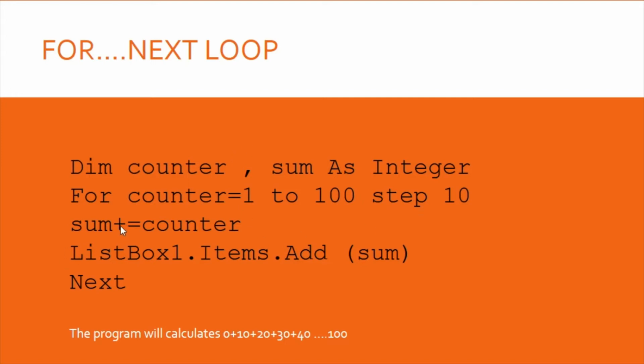And then sum plus the counter equal to the sum, and then add this sum inside the list box. So this process will end at 100. Based on this code, it will calculate 0 plus 10 plus 20 plus 30 plus 40 until 100. Okay, the process.